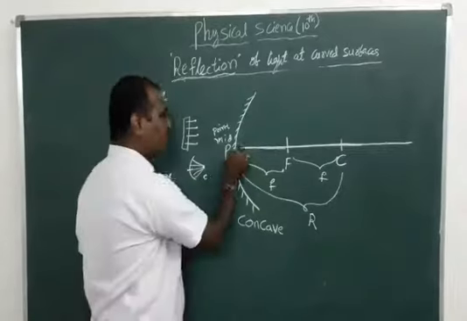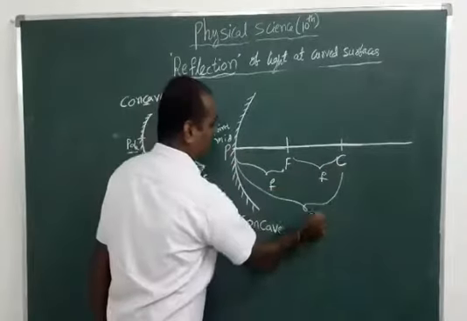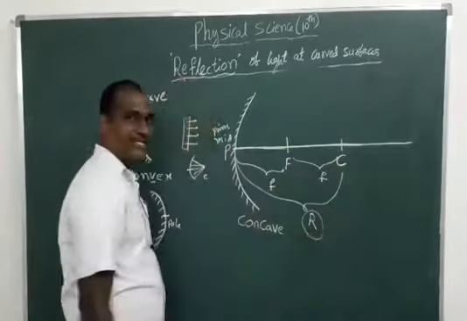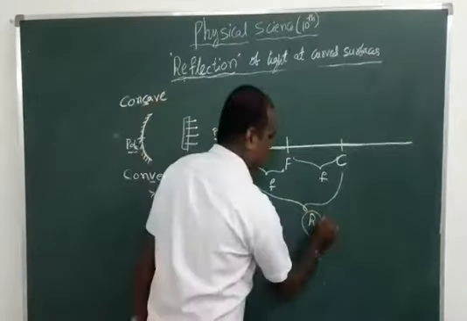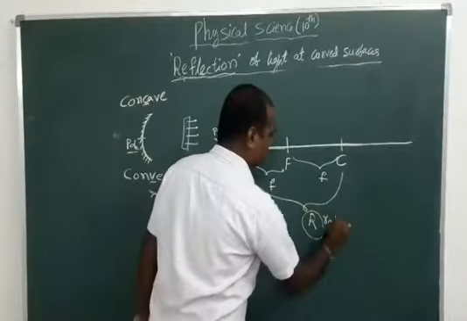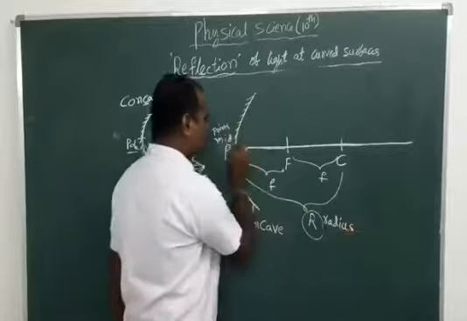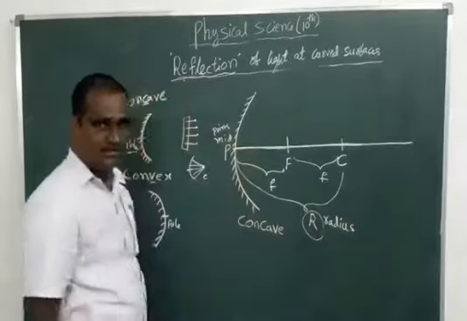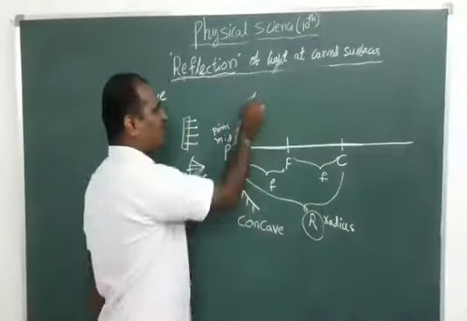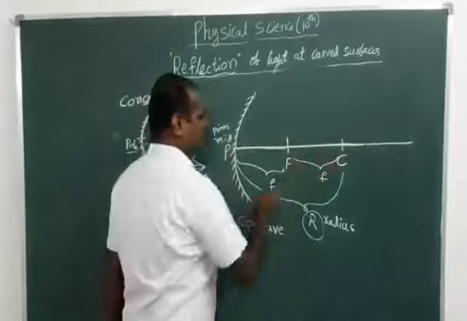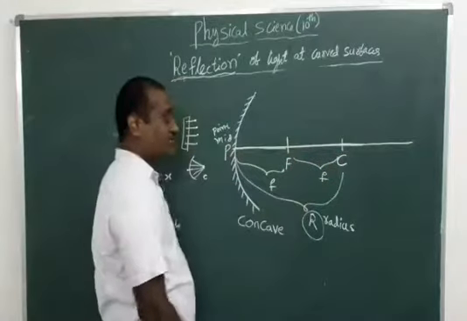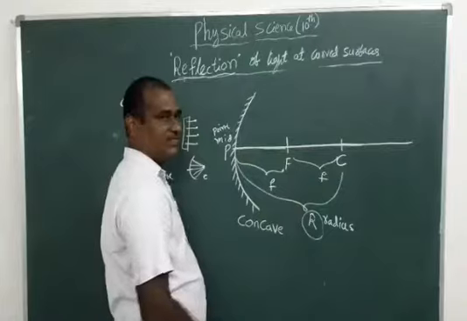After finding the pole and center of curvature, we can find the radius of curvature of the mirror. First, the midpoint of the mirror is called the pole. The point where all the pins join is called the center of curvature of the mirror.